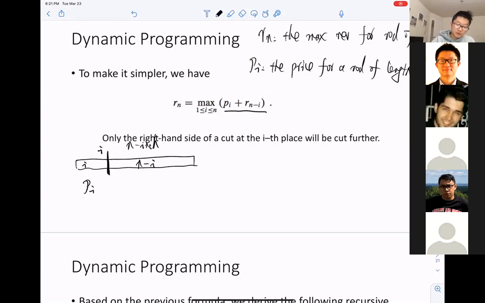So this will be directly Pi, because we just sell a rod of length i inches directly. So the money that we can make from it is just this, correct? Yes. Okay. So how much money can we make from the right part? Remember that we are allowed to further cut this part. How much money can we make from the right part at most?